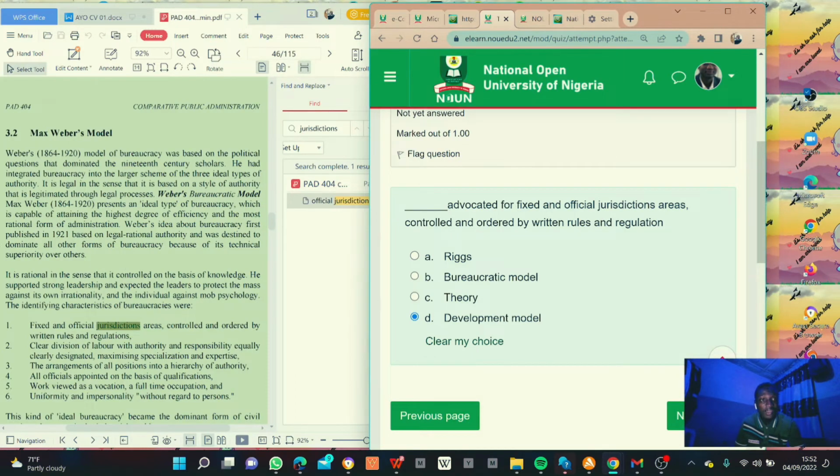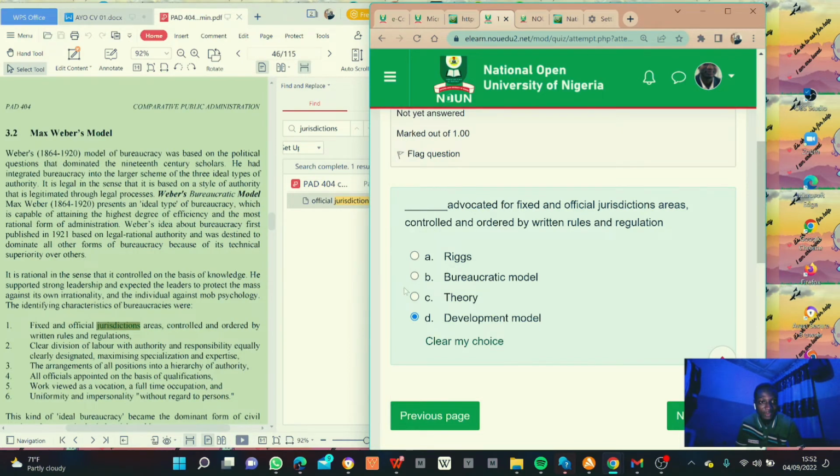Now as you can see here, we have the Max Weber model. And who is Max Weber? He is the father of bureaucracy. We don't have Max Weber here, but we have the bureaucratic model here.